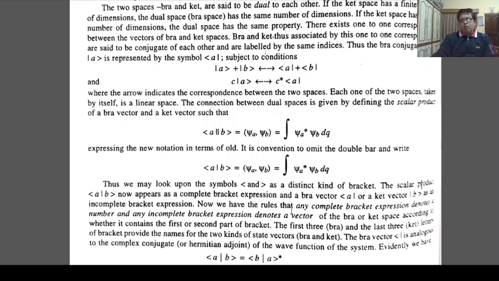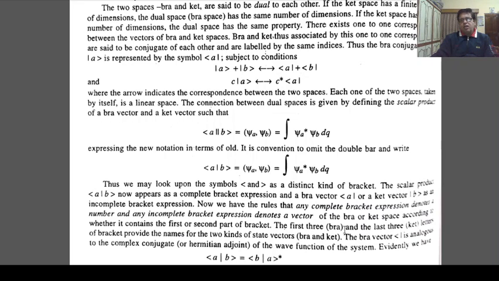Now we have the rules that any complete bracket expression denotes a number and any incomplete bracket expression denotes a vector of the bra or ket space, according to whether it contains the first or second part of the bracket.